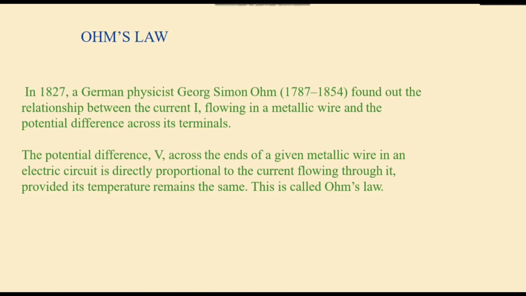The law was derived by the German physicist George Simon Ohm. He found the relation between current I flowing in a metallic wire and the potential difference across its terminals. The potential difference V across the ends of a given metallic wire in an electric circuit is directly proportional to the current flowing through it, provided the temperature remains the same. This is called Ohm's law.